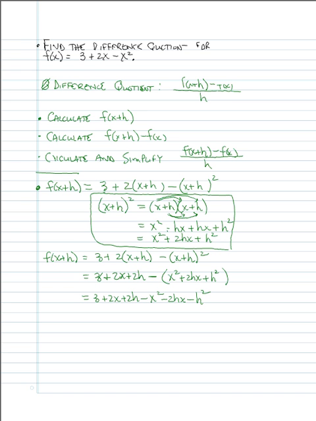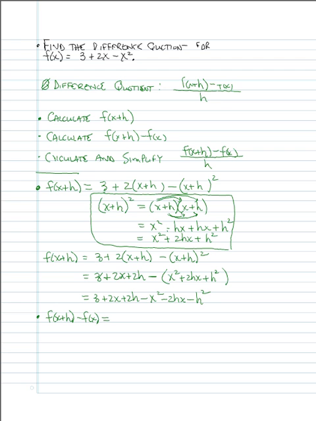Now that's a big, long string of letters, but it doesn't look like there's any simplification that we can do because there's no like terms, are there? So we move on to the next step. And the next step is to calculate f(x + h) − f(x).